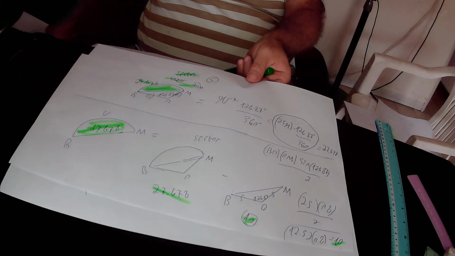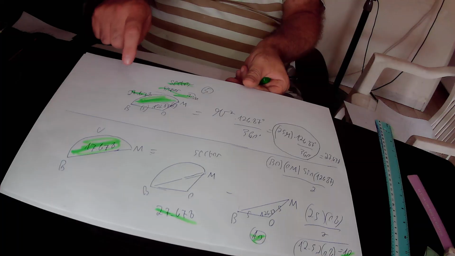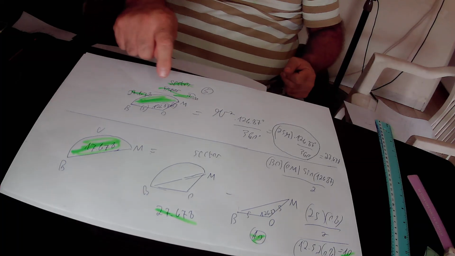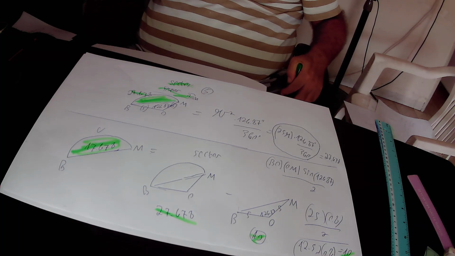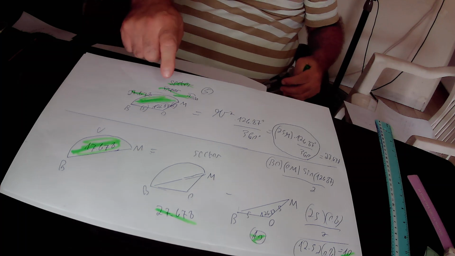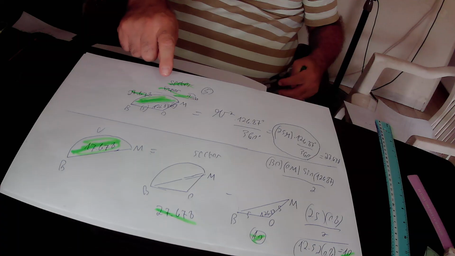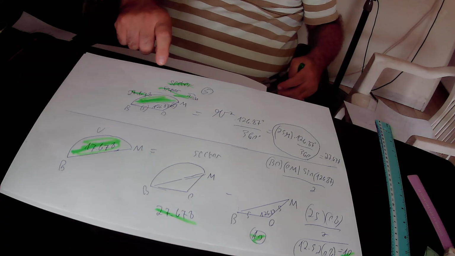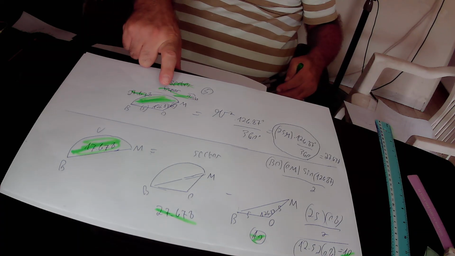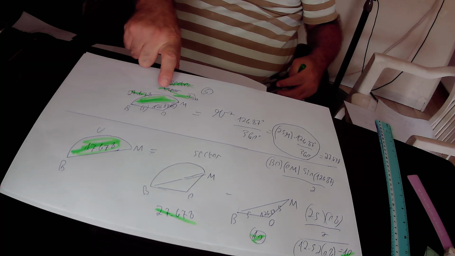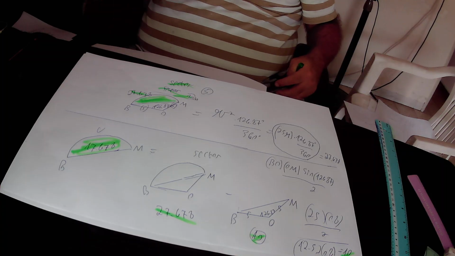This is sector BOM that I copied from the original drawing. The two legs of the sector, OB and OM, are both the radius of the semicircle, equal to 5. The angle between the two legs of the sector is 2 beta, that is 126.87 degrees.